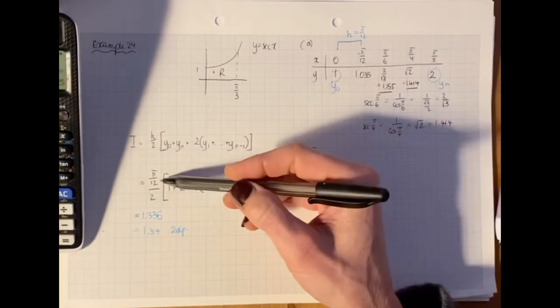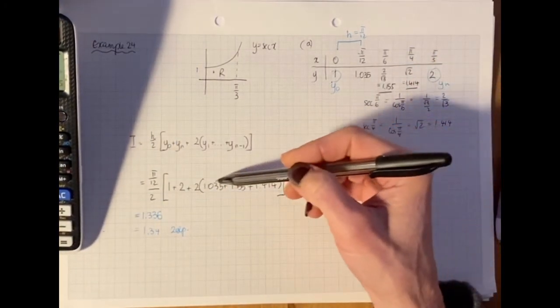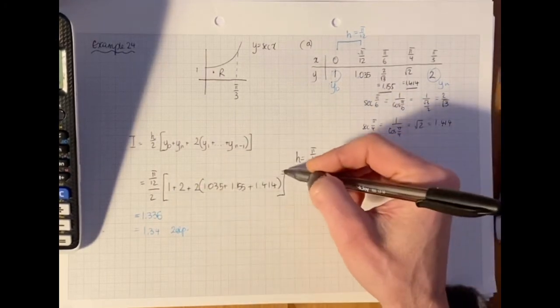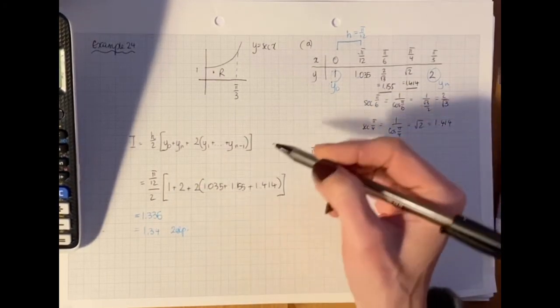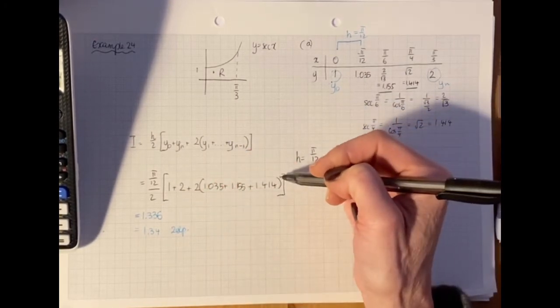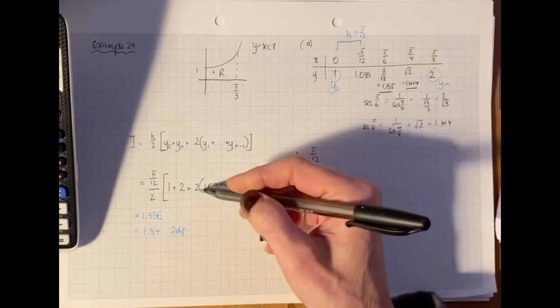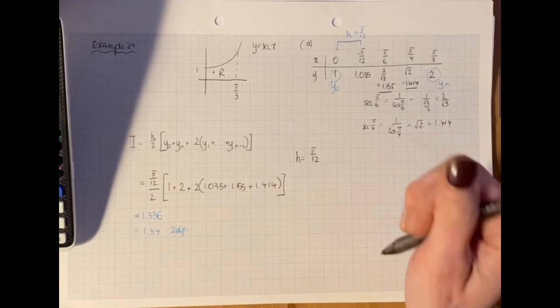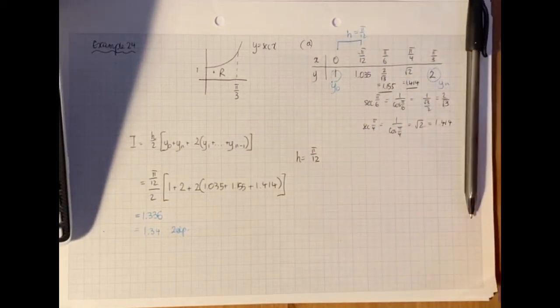Make sure that if you're putting those into the calculator, whenever you open the big bracket, you've got to close it. The mistake is to not close the brackets, or not put the brackets in, very often because the formula is quoted in the formula booklet.